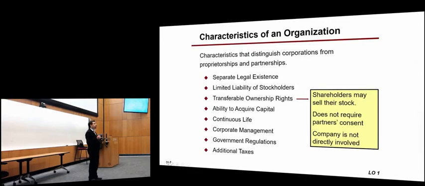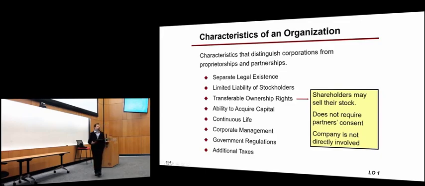And remember that the company is not involved when you sell your stocks to another investor. They don't care. The only reason why they keep track of the ownership is when they send dividends. They need to know where to send the payments when they declare and pay dividends. Other than that, who owns it? They don't care.